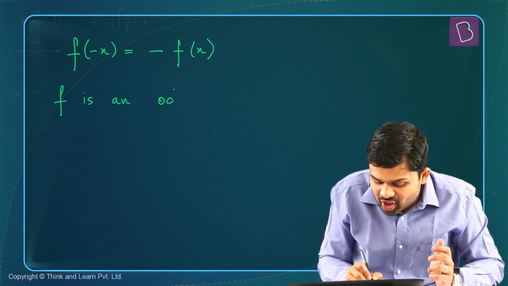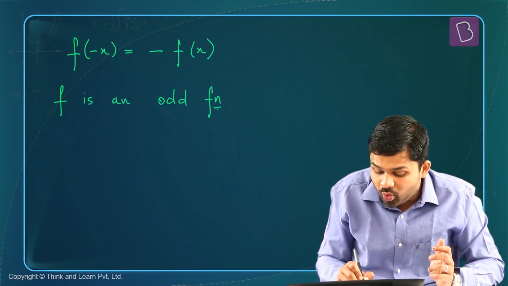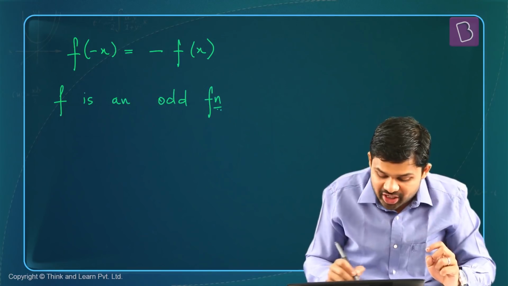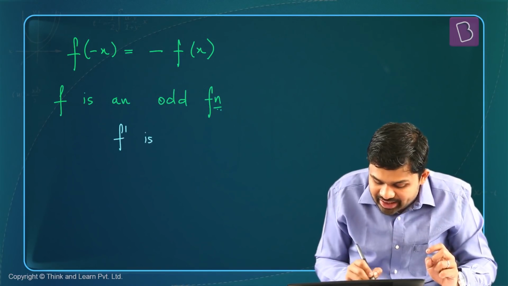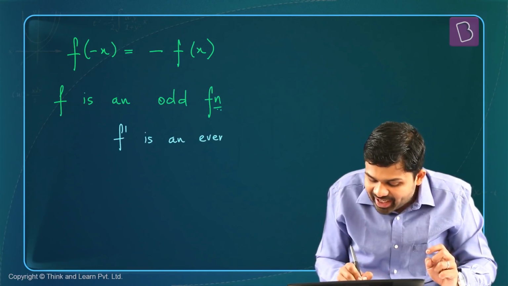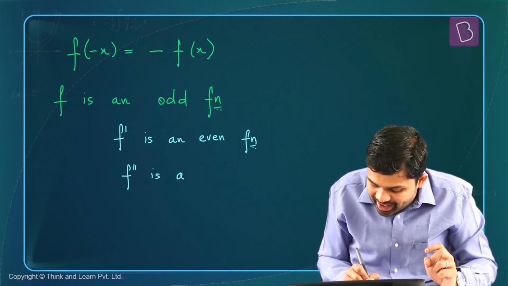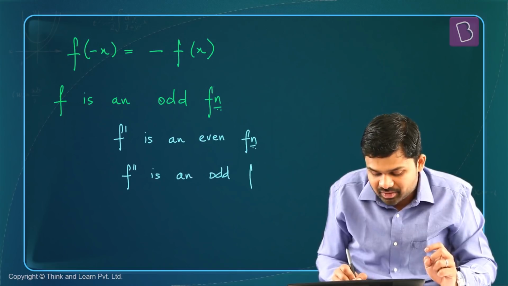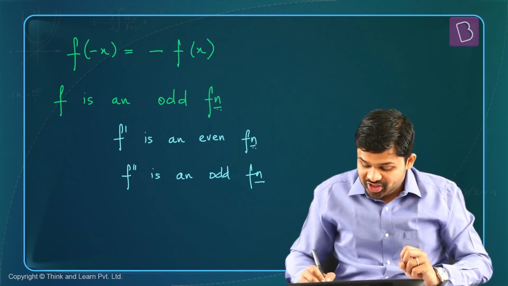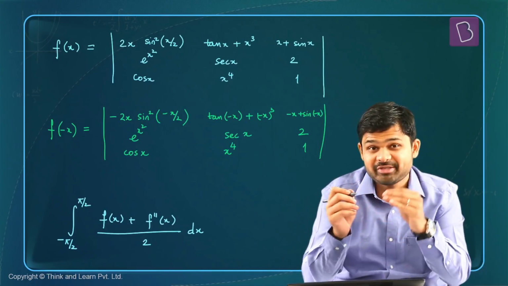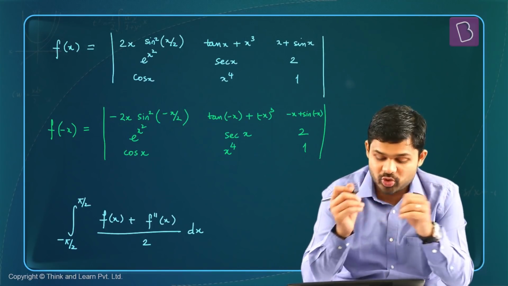This means that my f is an odd function. So if f is an odd function, what do we know about f dash? If f is an odd function, f dash is an even function, and f double dash will be again an odd function. So in the question statement, we have to find integral from negative pi by 2 to pi by 2 of f of x plus f double dash of x divided by 2 dx.